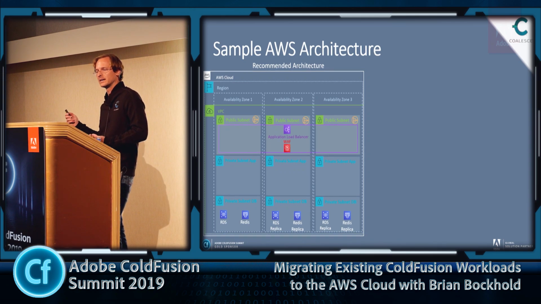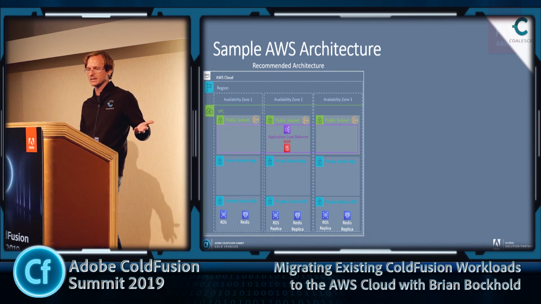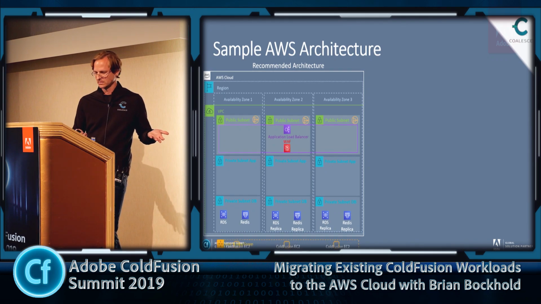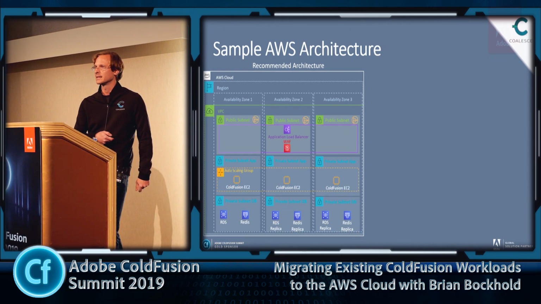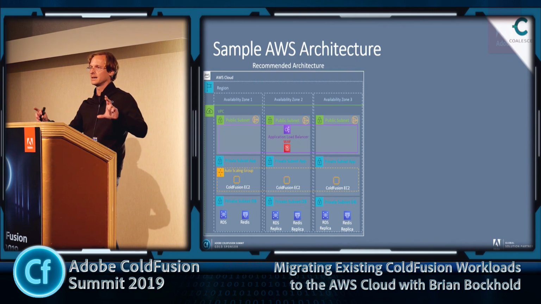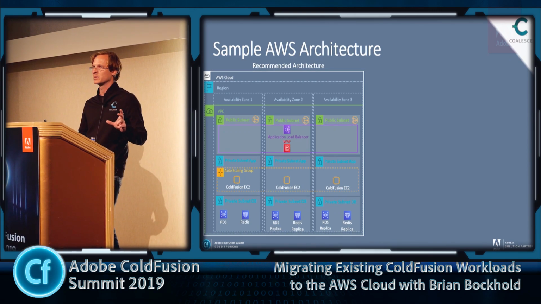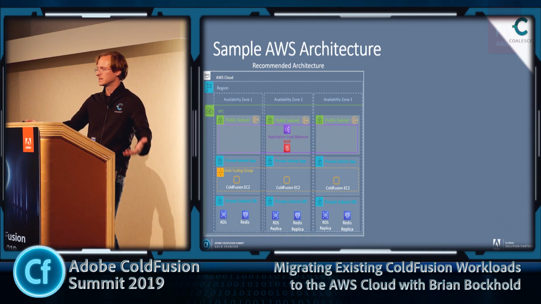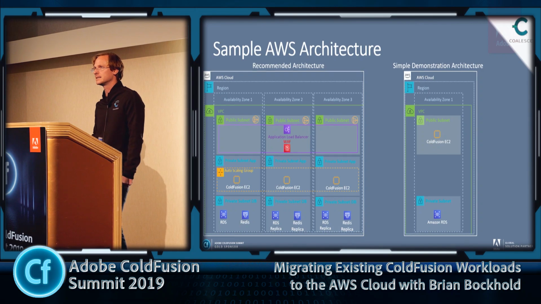You're going to install your database across all availability zones with read replicas involved. Same thing with your Redis server for your session management. And lastly, we're going to install ColdFusion in an AutoScaling group across your availability zones. And this is what I would recommend to start. That's not what we're going to talk about today. Today we're going to be one availability zone, one server, two subnets, just a public zone and a private zone.